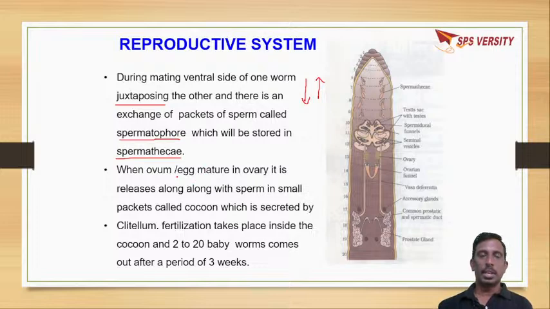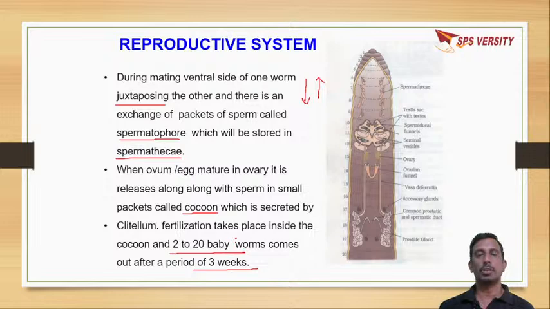The egg or ovum is released along with sperm into packets called cocoons, which are secreted by the clitellum. The clitellum collects the sperms and the ovum, the female gametes, and fertilization takes place inside the cocoon. 2 to 20 baby earthworms are found within a span of 3 weeks.